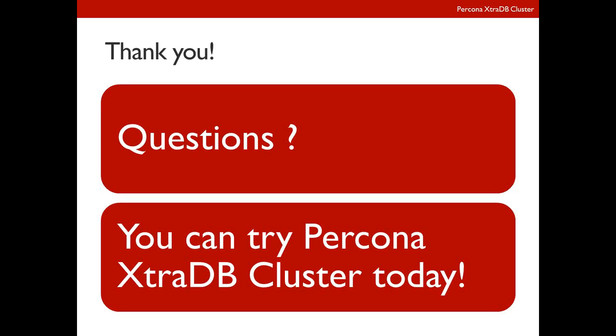How does XtraDB know that a node fails, and how fast is it removed from the cluster? It is based on a timeout, which you actually can configure in your system. By default, it is a couple of seconds.